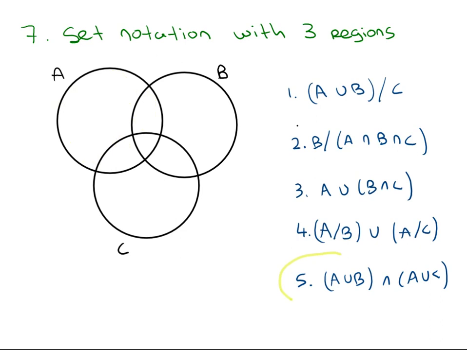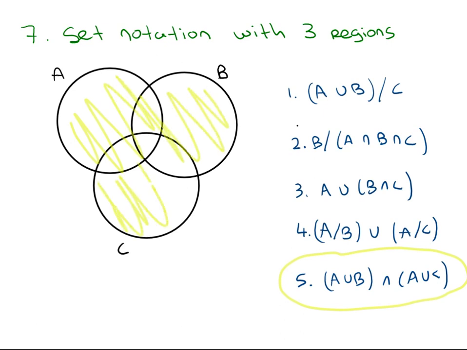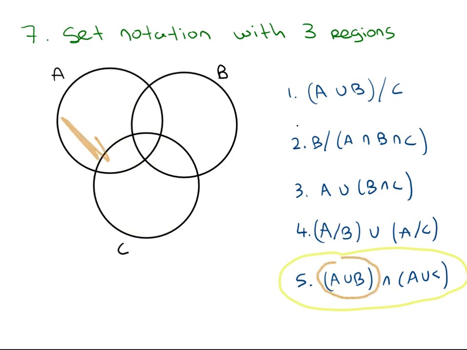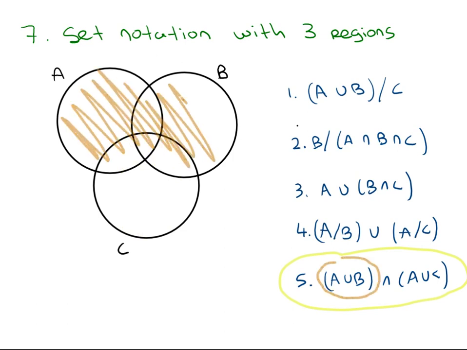And finally, number 5 here, A union B, which is all of A and all of B, intersection A union C. So A union C would be all of this. But this time it's the intersection of them. So we're going to do them separately. Intersection is just the middle. So A union B is all of this and all of this. A union C is all of this.